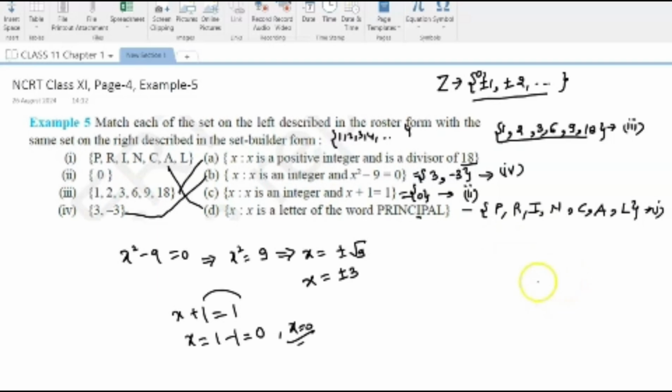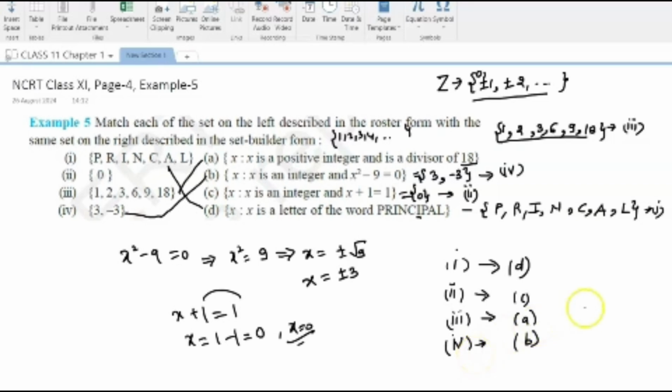Your first matches to D. Your second matches to option C. Your third set matches to option A. And finally, your fourth set matches to option B.